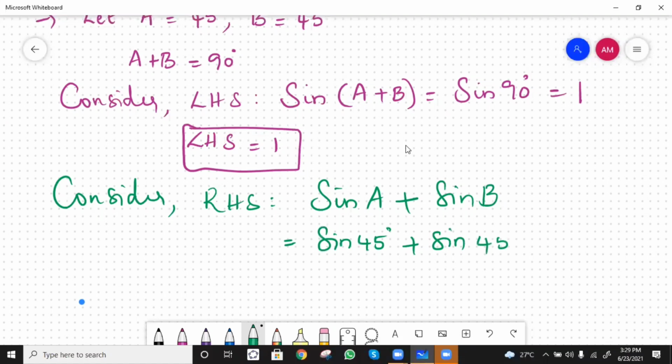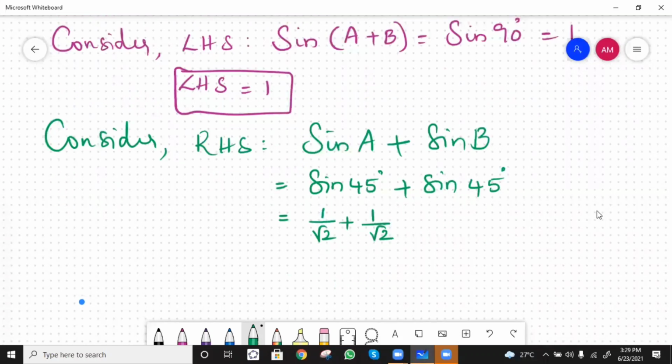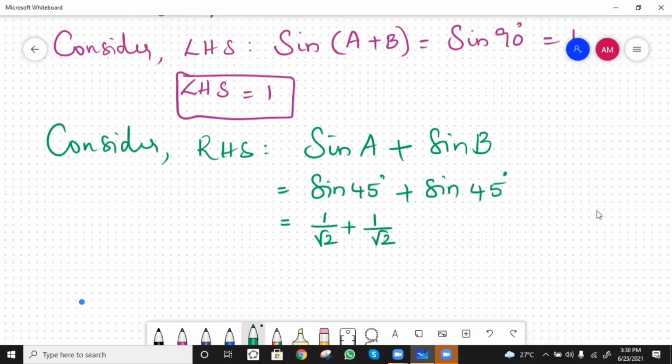What is sine 45? 1 by root 2. So we got 1 by root 2 plus 1 by root 2, which is 2 by root 2. So the right hand side is equal to 2 by root 2.